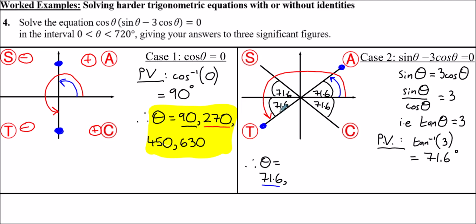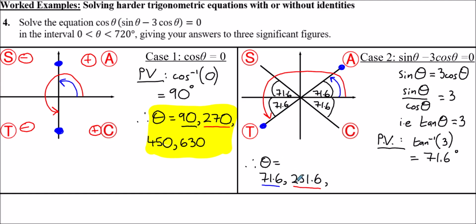Now this one, 180 plus 71.6, that's going to be 251.6. Now that's 4 sig figs, not 3, but we can come to that later on. Now the tan function is periodic and repeats every 180 degrees. So this will go up in multiples of 180.